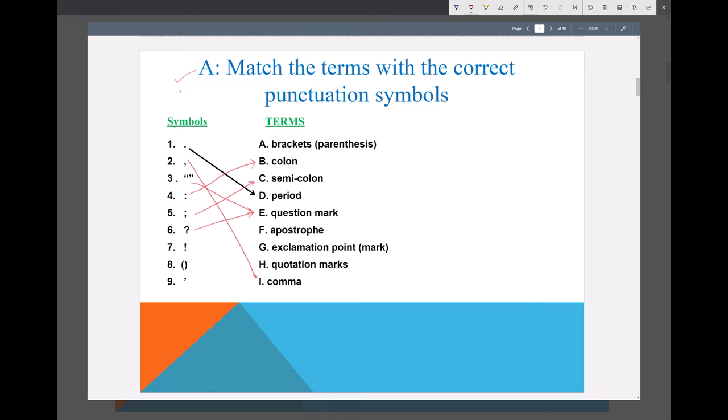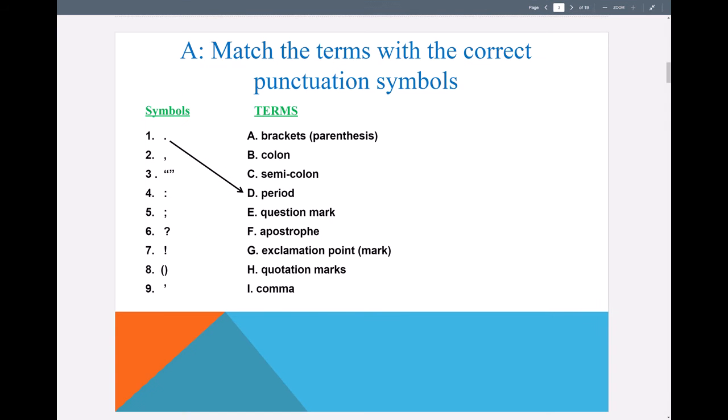Oh, whoops. I knew I made a mistake somewhere. Quotation mark. Where is that? H. Number 7, exclamation mark or point. Number 8, brackets or parentheses. And number 9, the apostrophe. Okay, well, that's my guess. What have you guessed?